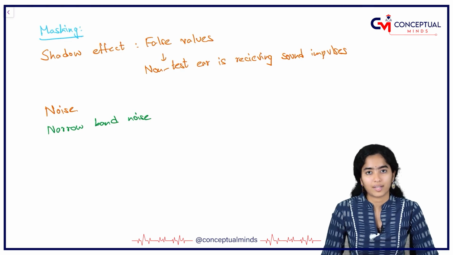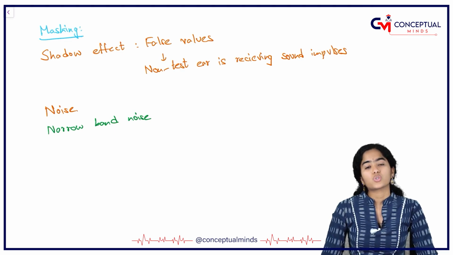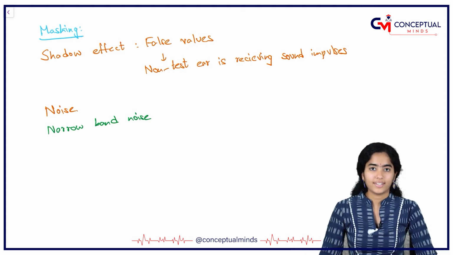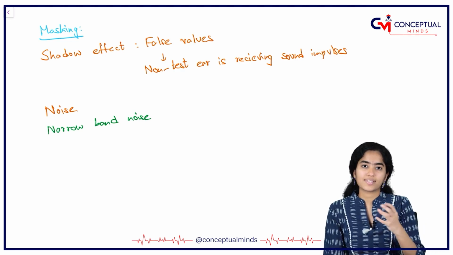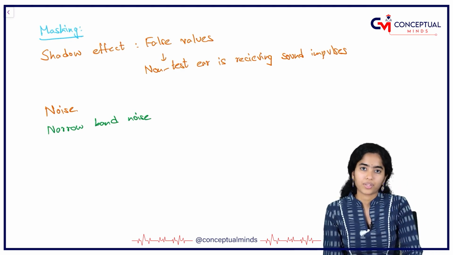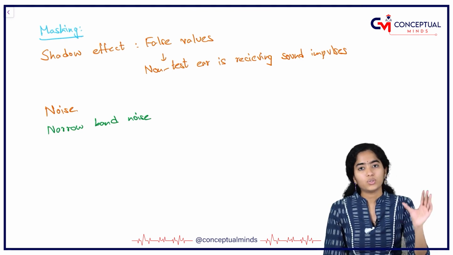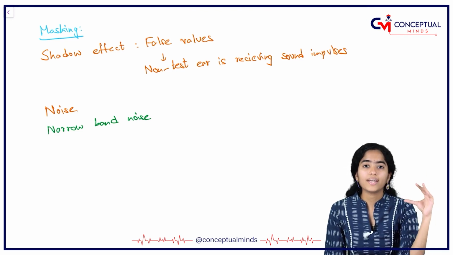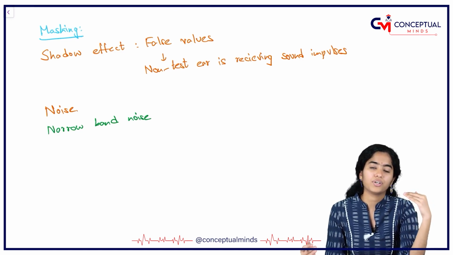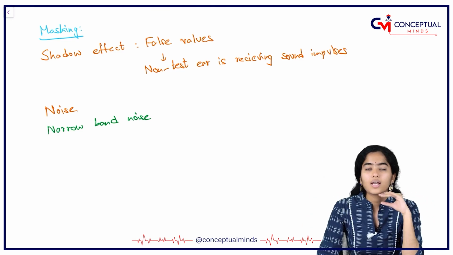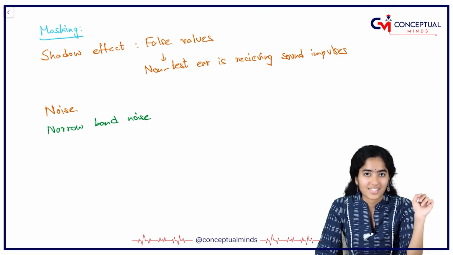The narrow band type of noise is given. So now the opposite non-test ear fails to catch these impulses given to the test ear. So we get the absolute results pertaining to the test ear only, without any unnecessary interference by the non-test ear. This procedure is called masking.